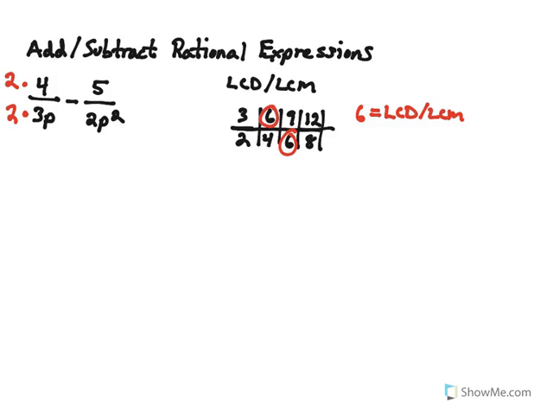Also, if you look at the variable, the variable here is p, to the first power. In order to make that look like a p squared, we're going to have to multiply it by a p.